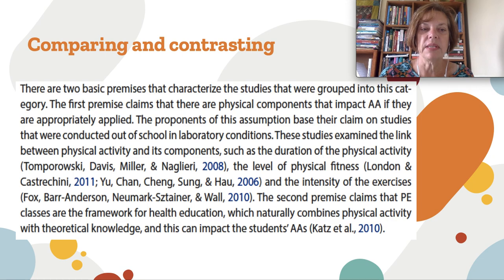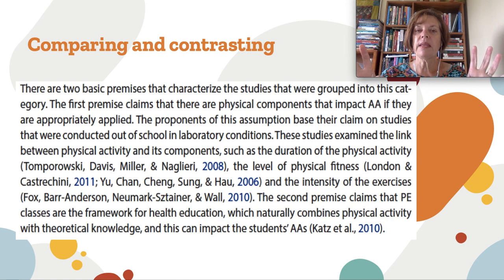The first premise claims, okay, and then they go on, the proponents of this assumption base their claims on, these studies examine the link between, okay, the second premise claims, and then they go on to explain that. So they identify the two differences, they describe the one, they describe the other, and in doing that they are comparing and contrasting the two. They're showing the difference between the two.